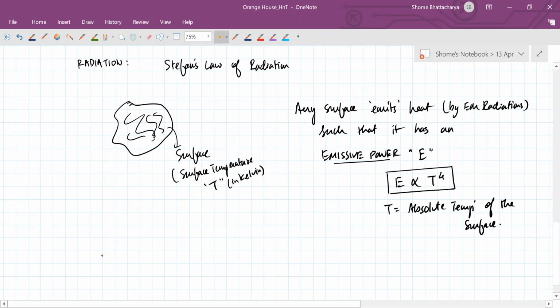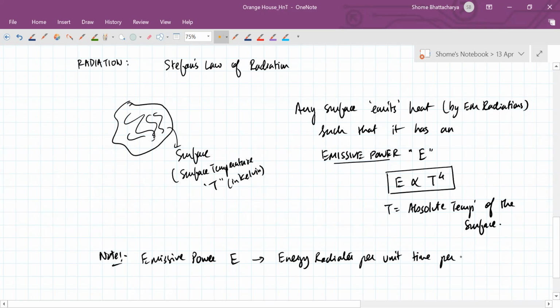So emissive power E, its definition is the energy radiated per unit time per unit surface area.